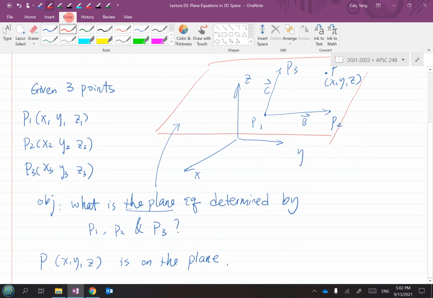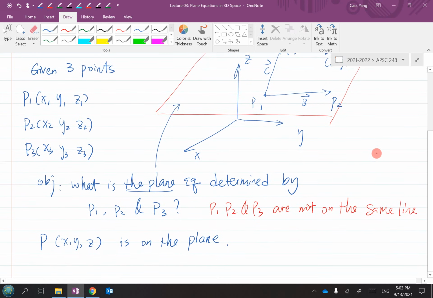Maybe I should add one more line here: P1, P2, and P3 are not on the same line. Because if they're on the same line, you can have an infinite number of planes determined. So if they are not on the same line, you have just one plane determined by the 3 points.